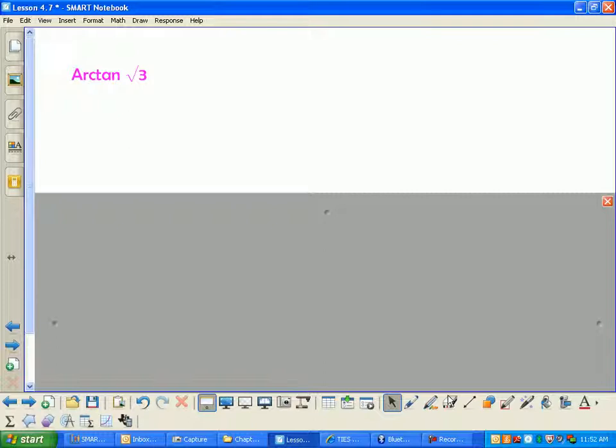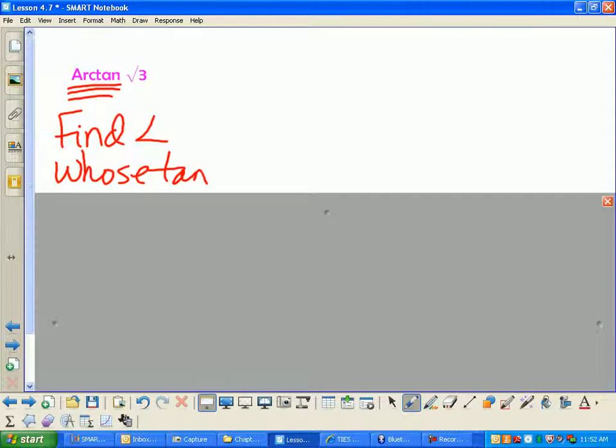Your output is going to be an angle. So what you're doing, when you're doing arctan of square root of 3, I'm telling you, find what angle I take the tangent of and get that for my answer. So when you're evaluating an inverse trig function, it's asking you to find the angle whose tangent is that. I'm giving you the tangent value, you give me back the angle.